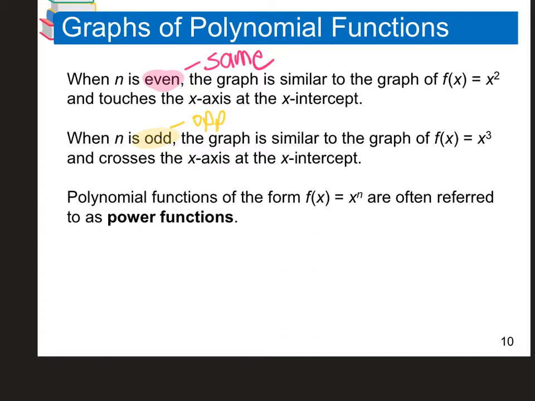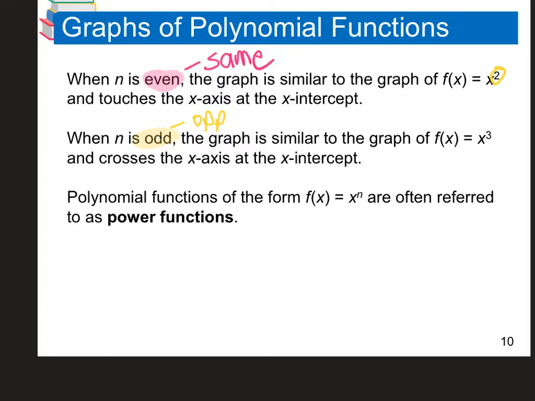That's very important to remember because you're going to have stuff that's x to the 7th power. You don't know what that graph looks like, but you have kind of a visual picture. Anything that has n, your exponent, as an even number, like 2, 4, 6, 8, is going to resemble a parabola, meaning the arrows at the end go the same way.